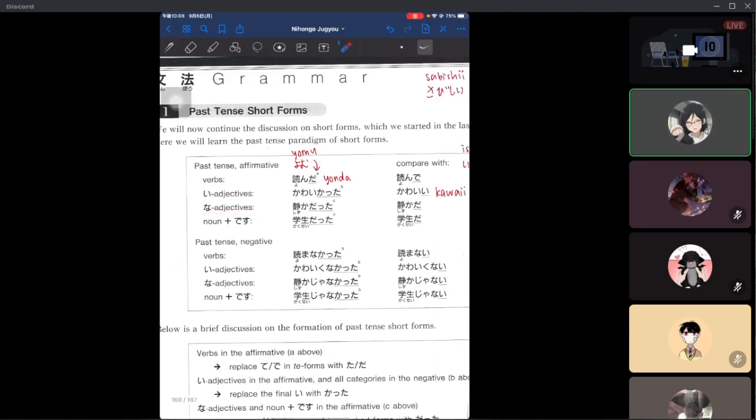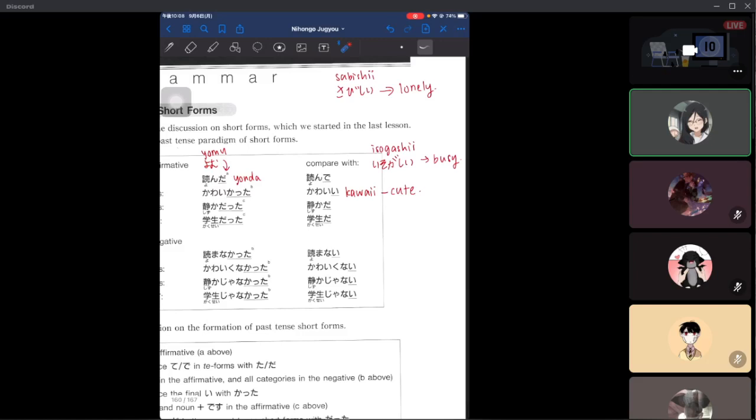For example, kirei, which means pretty. Even though it ends with e, this one is actually a na-adjective.